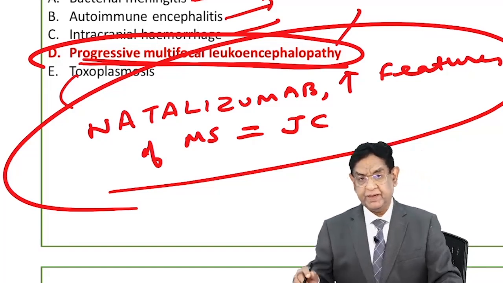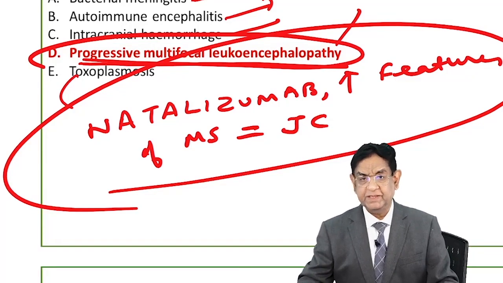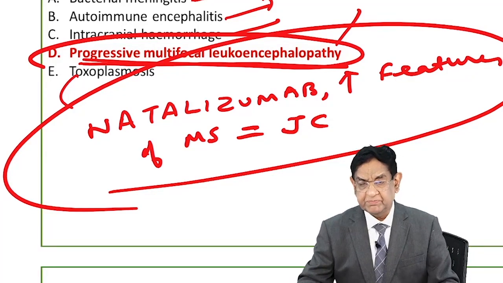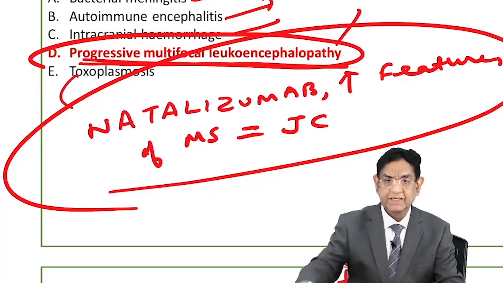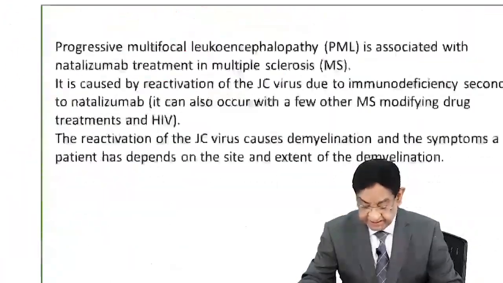Golden line to remember. In a natalizumab patient, if now he has an increased problem like multiple sclerosis, the problem is JC virus activation.